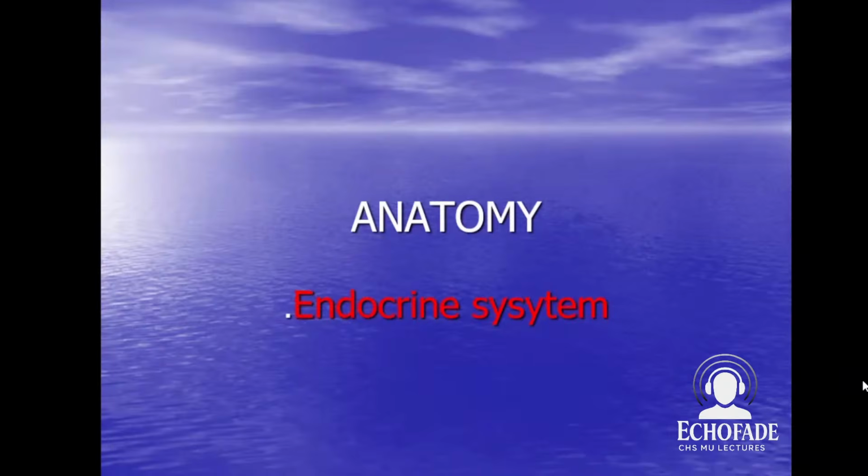The glands secrete the hormone by exocytosis to the perivascular space, within the interstitial fluid. From this interstitial fluid, the hormones can then pass into blood or the lymphatics.